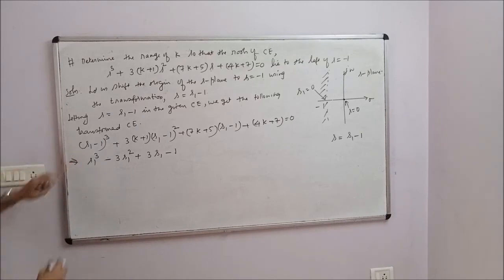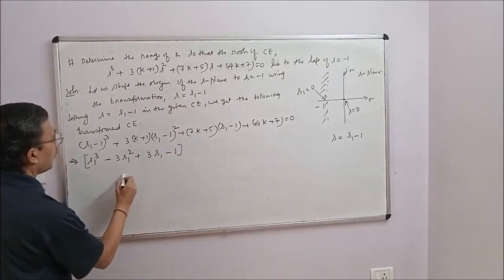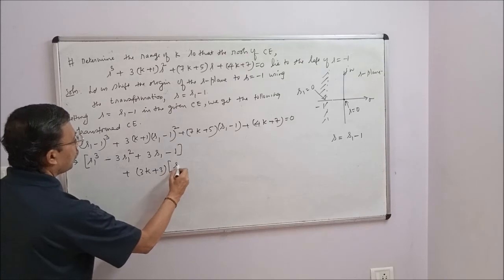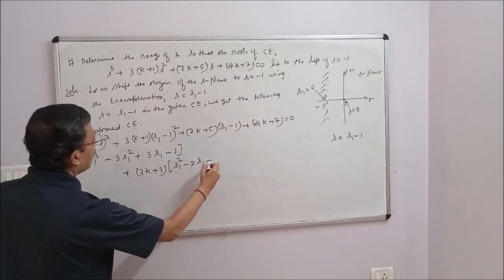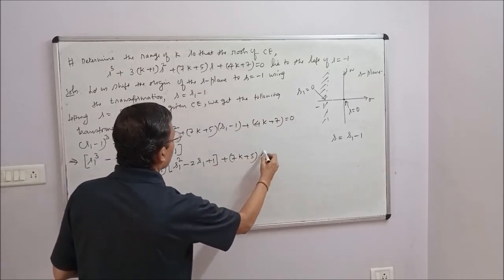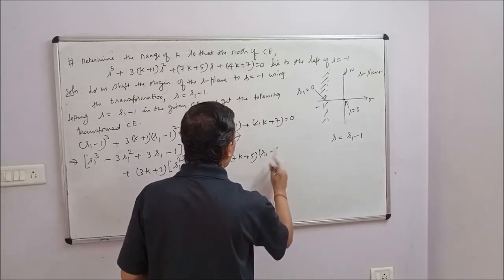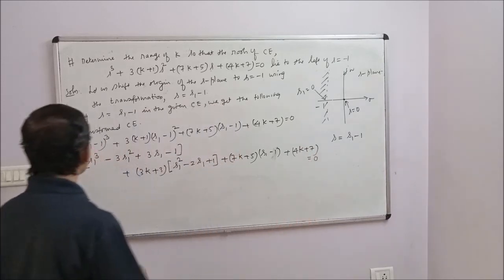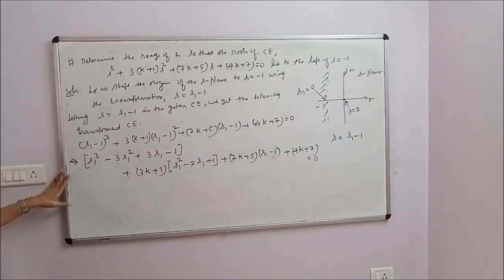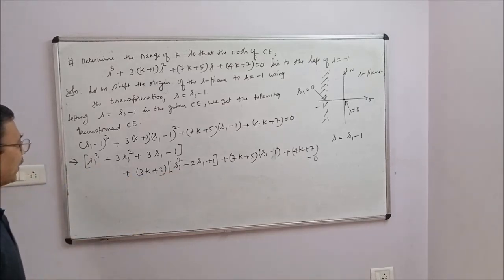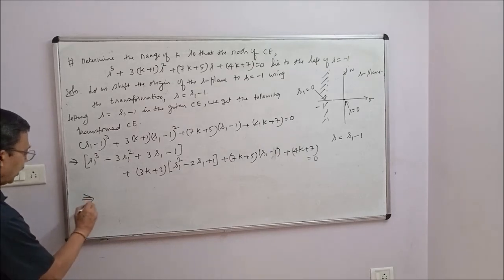This is the expansion of s1 minus 1 whole cube, plus 3k plus 3 into s1 square minus 2 s1 plus 1, plus 7k plus 5 into s1 minus 1, plus 4k plus 7 equal to 0. This is what we get when we do the expansion of s1 minus 1 whole cube. This is what we get when we do the expansion of s1 minus 1 whole square. So if you simplify this, I'll write the answer.